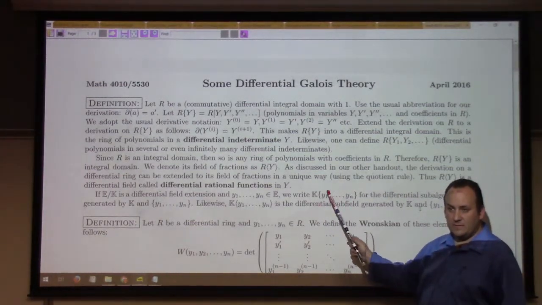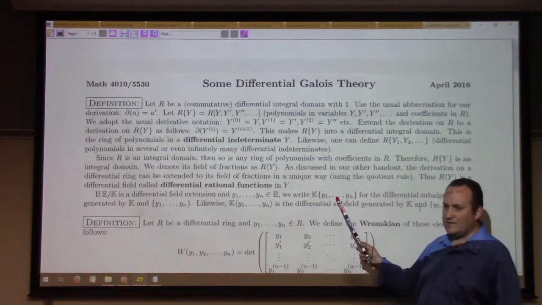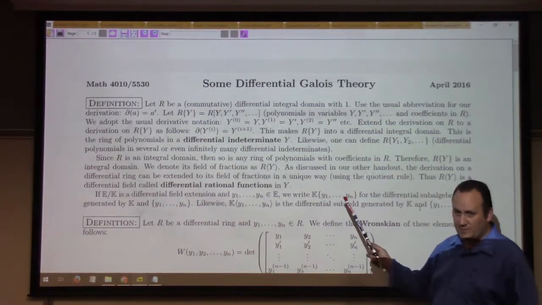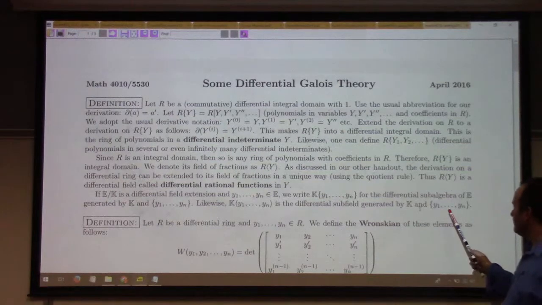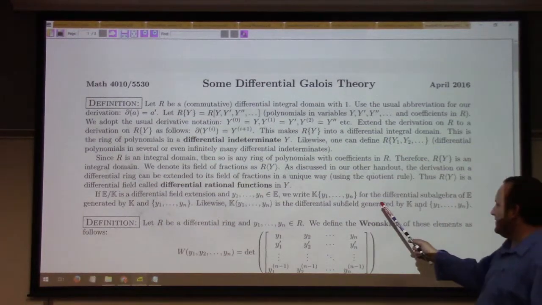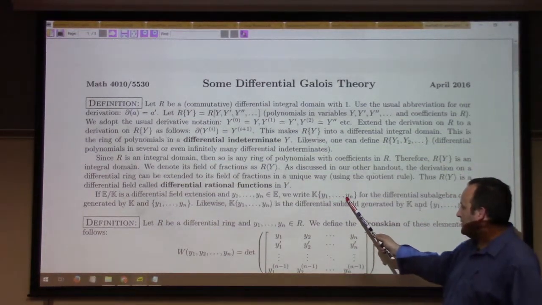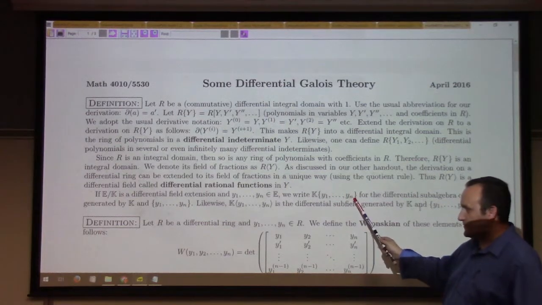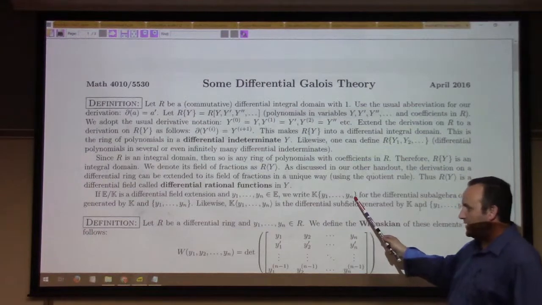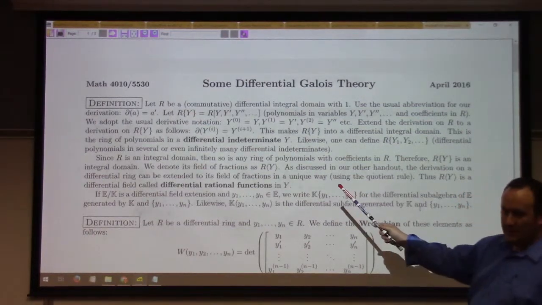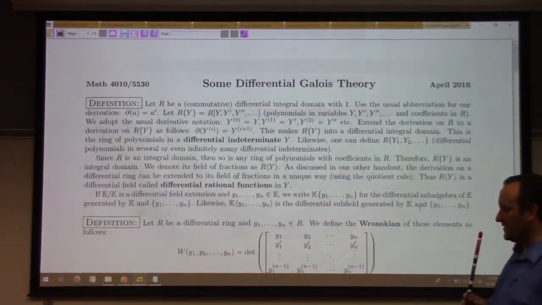This would be sort of like some of our extensions being finite, and therefore algebraic: the base field with a certain number of algebraic elements adjoined. This would be the differential subalgebra that includes y1 through yn and its derivatives. So it may or may not be possible to find a set y1 through yn which gives you all of E for a differential extension.